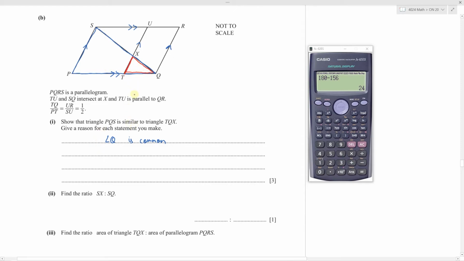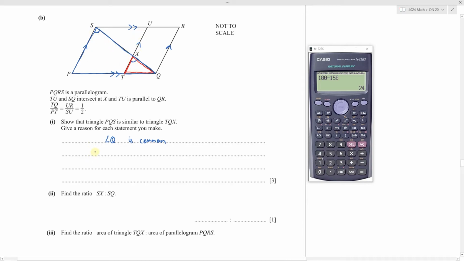And then angle PSQ, let's look at this angle. It will be equal to angle TXQ, this one. Why? Because this line is parallel to this line, and SQ is a line that is passing through these two parallel lines. So these two are corresponding angles of these two parallel lines.